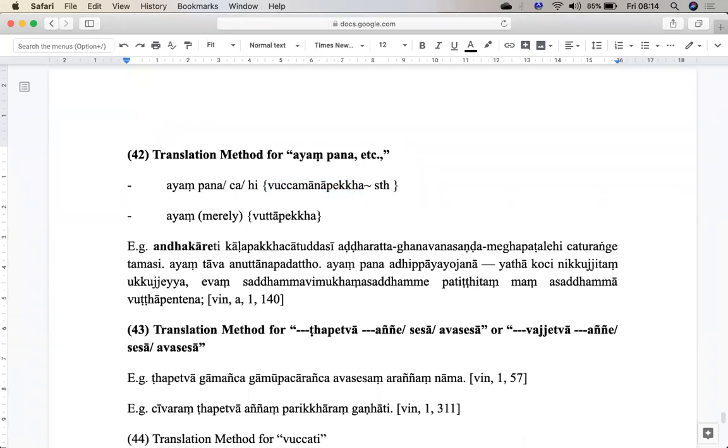But Ayan merely, Ayan alone, at the time here, vuttapekkha. Vuttapekkha means something already said.